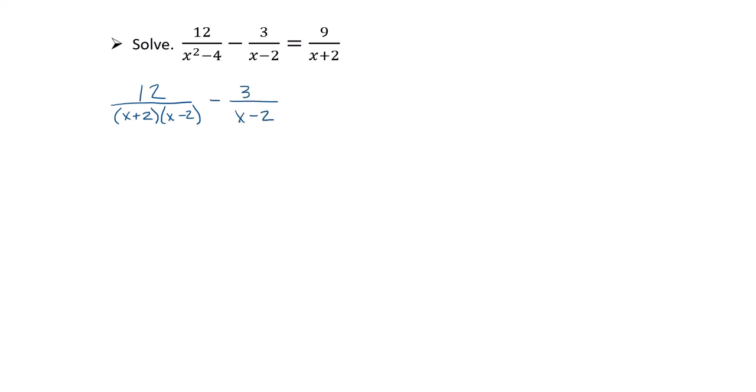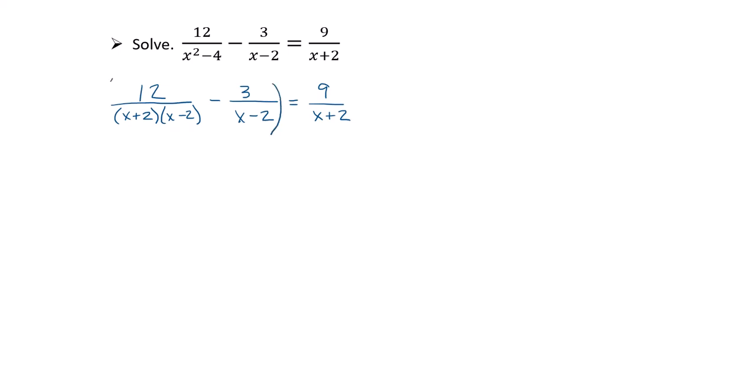Sure makes it a lot easier to figure out what the LCD is. I'm looking at denominators of x plus 2, x minus 2, x minus 2, and x plus 2. So the LCD is going to be x plus 2, x minus 2.